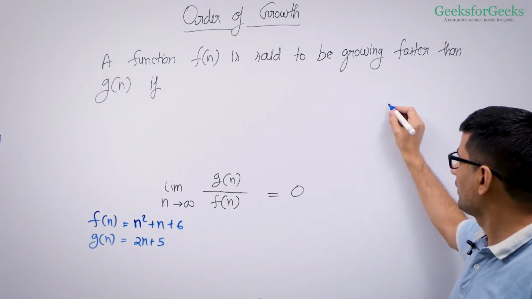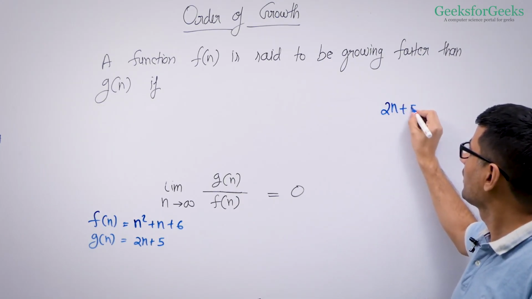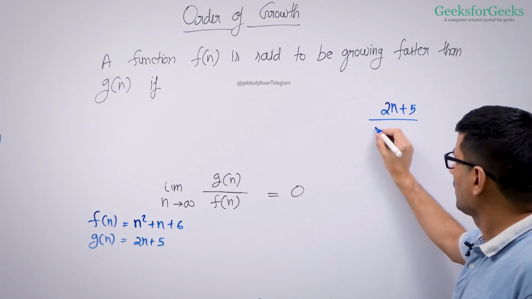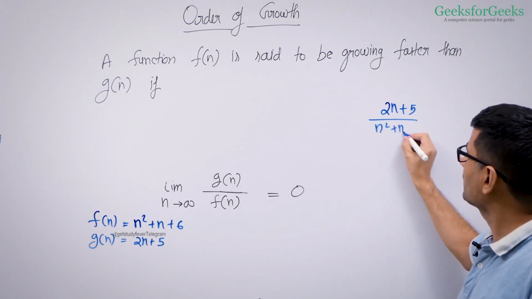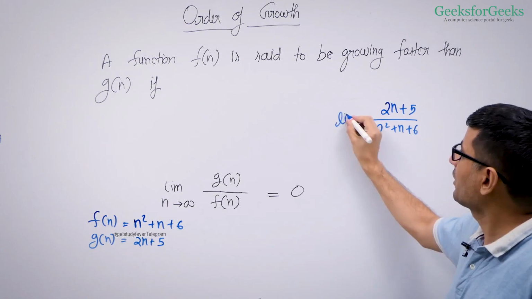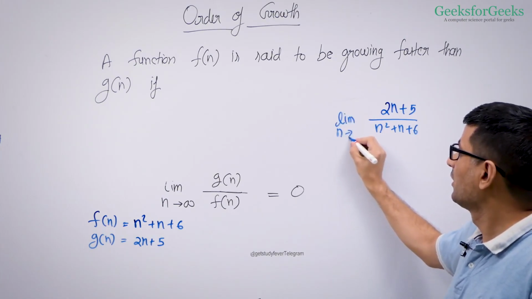So we have 2n plus 5 divided by n square plus n plus 6, and we are talking about the limit as n tends to infinity.